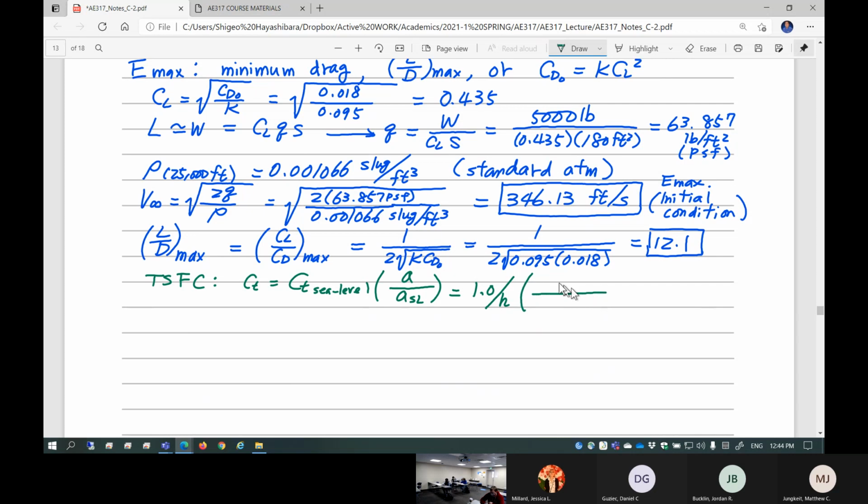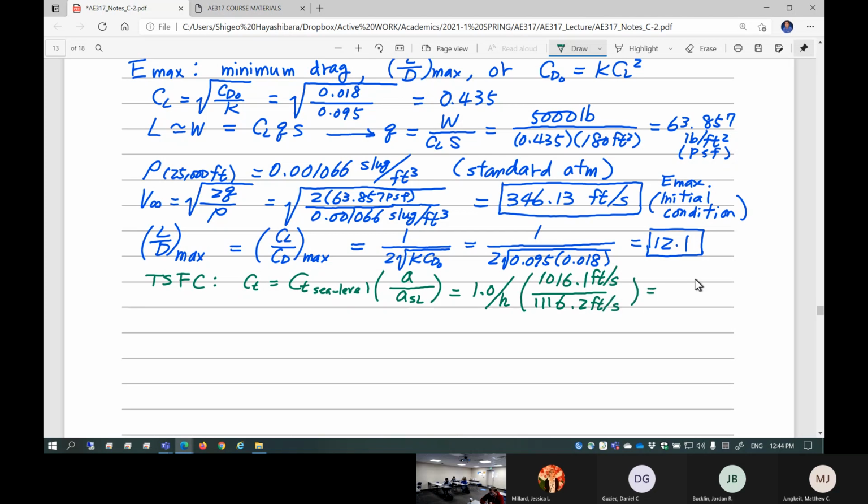Let's plug in the speed of sound ratio. The speed of sound at 25,000 feet is 1,016.1 feet per second. You can get this value from square root of gamma R T. And the standard sea level speed of sound is 1116.2 feet per second.